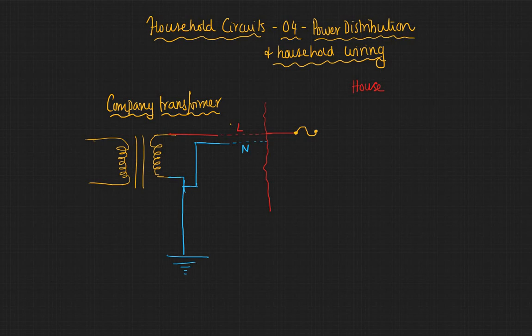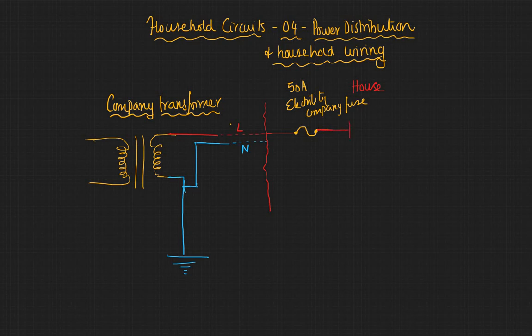And this is usually your electricity company fuse, and this fuse rating is typically about 50 amps. So let's say it's 50 amps, and then from here the journey of the live wire continues.